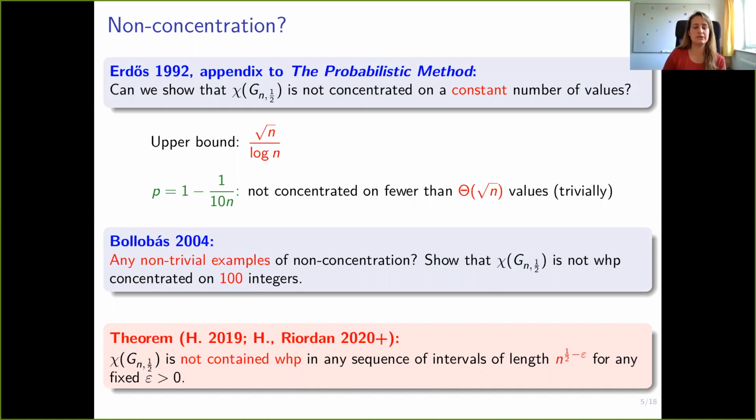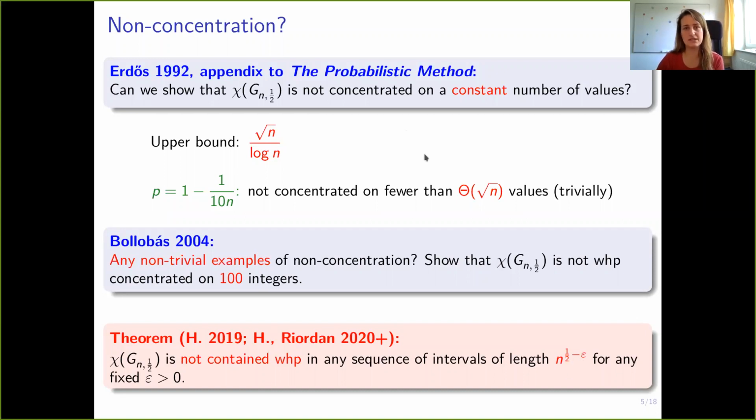Okay, so I should tell you who proved this. There's a paper on arXiv from last year where I had it up to n to the 1/4. And then quite recently, together with Oliver Riordan, we've been able to push this up all the way to n to the 1/2 minus epsilon.